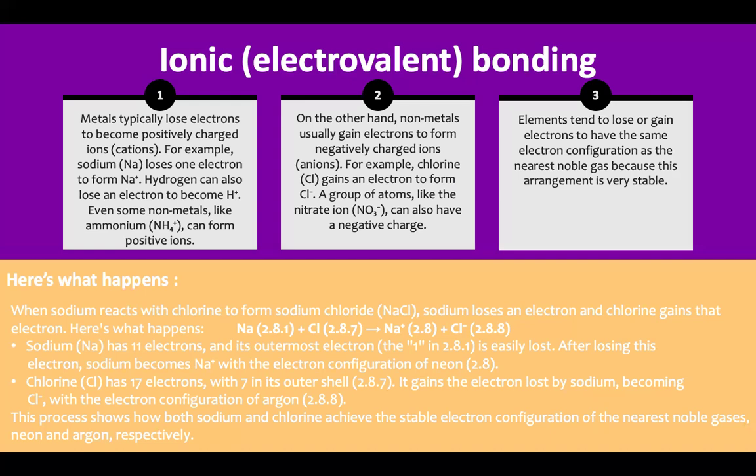After losing this electron, sodium becomes Na+ with the electron configuration of neon, 2.8. Chlorine has 17 electrons with 7 in its outer shell, having the configuration of 2.8.7, and it gains the electron lost by sodium, becoming Cl- with the electron configuration of argon, 2.8.8.